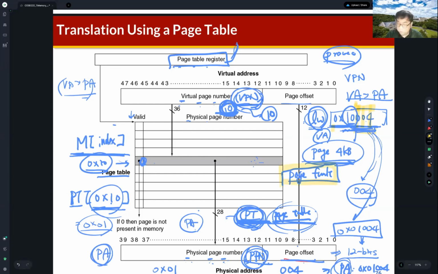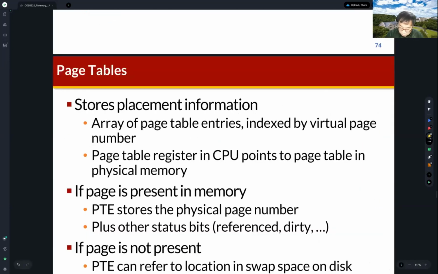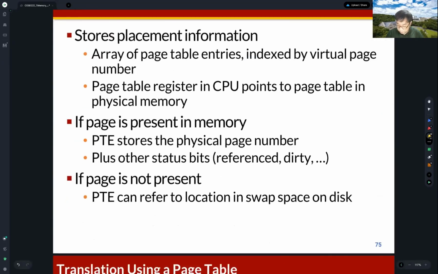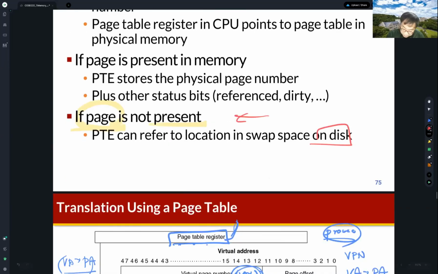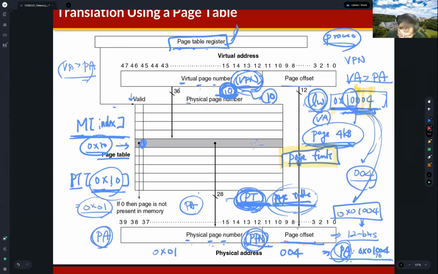This situation is called a page fault. So what should we do? The page is not present in the main memory, so we need to read the requested page on the disk, the storage system. The page on the disk is transferred to the physical memory.